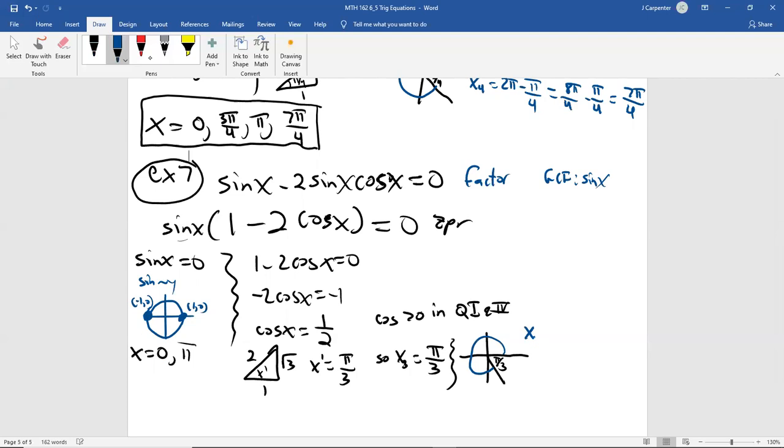So x4 would be 2 pi minus pi over 3, which is 6 pi over 3 minus pi over 3, and that's 5 pi over 3. So far, 1, 2, 3, 4 solutions.